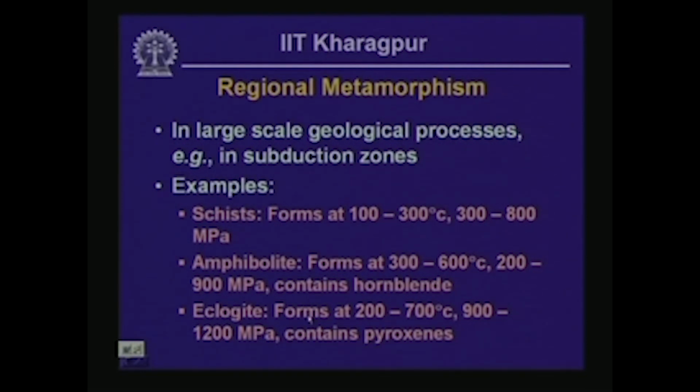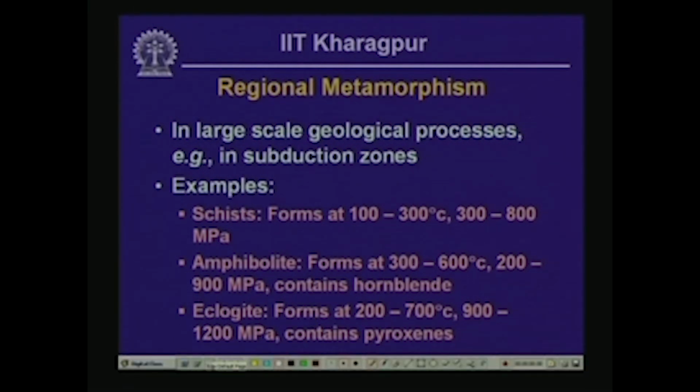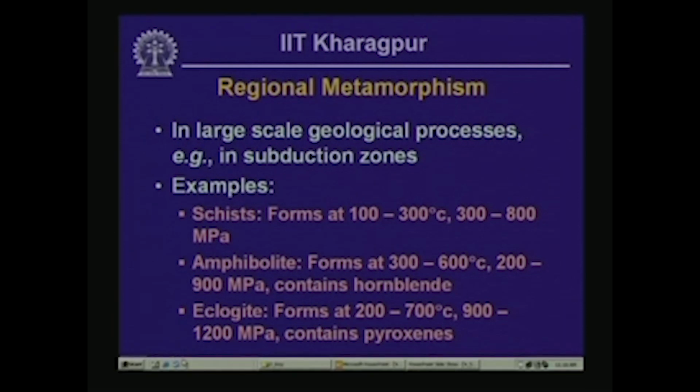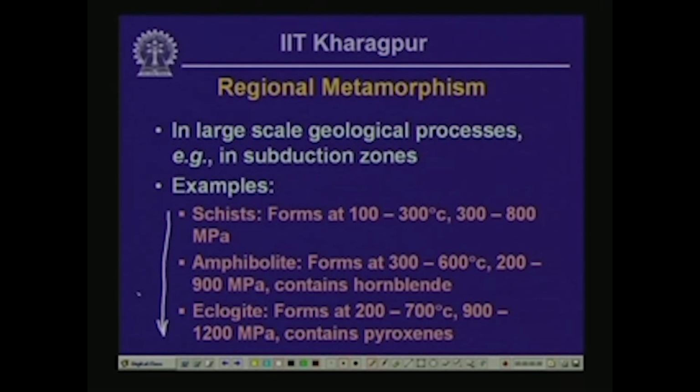And another thing you should notice in this case is that as you go down, as the grade of metamorphism increases, the grain size, the granularity of these rocks, also increases.